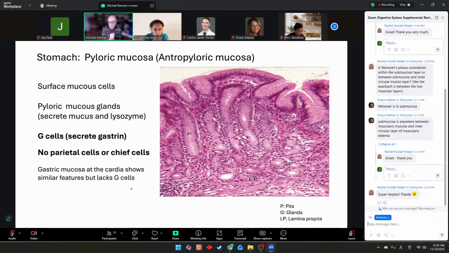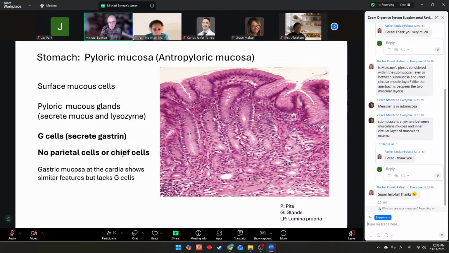And this mucosa differs from the one we've been just looking at because its glands are much simpler. Instead of these complicated glands that produce acid and digestive enzymes and mucus, these glands just basically produce mucus. They're pyloric mucus glands. They also produce lysozyme, which has an antibacterial effect. And they also contain in the antropylorus enteroendocrine cells, which are called G cells that secrete gastrin.